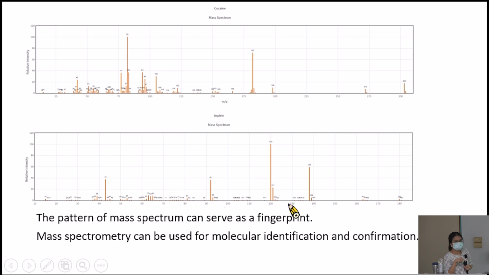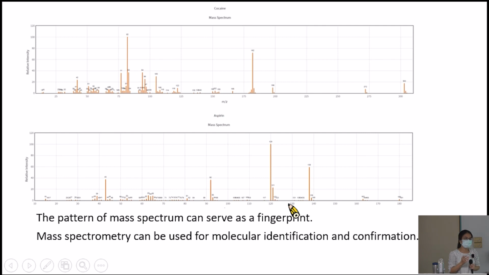Since this data is based on the mass or the mass to charge ratio, through this approach we can do molecular identification and confirmation.